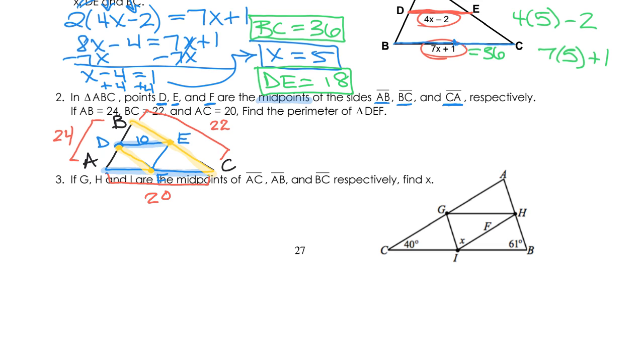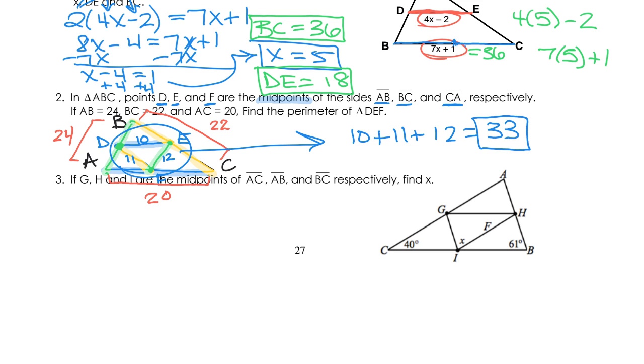And so half of 22 is 11. And my third side of 24, the side that's parallel to it, will have half its length, and so 12. And now I can take that small triangle and find the perimeter of it now that I know all the sides. So 10 plus 11 plus 12 is 33.